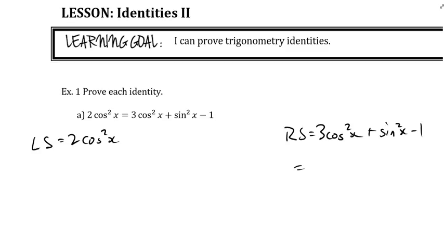2 cos squared theta looks close to one of the double angle identities that we have. Does it? What does it look like?